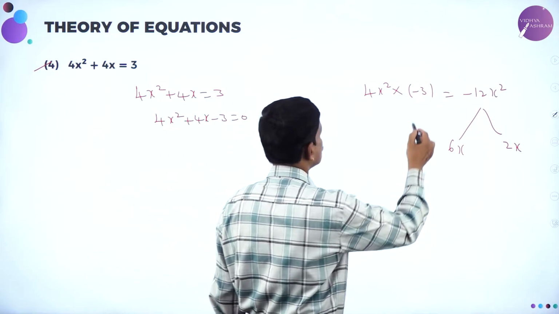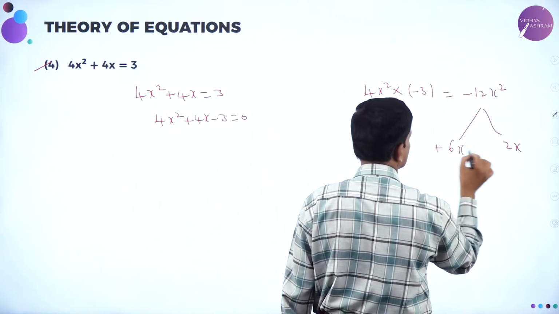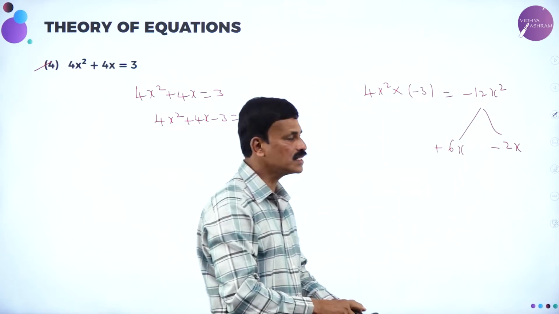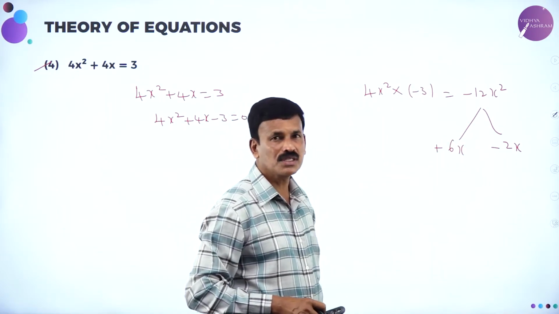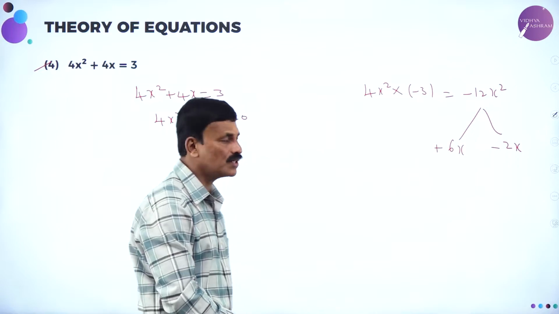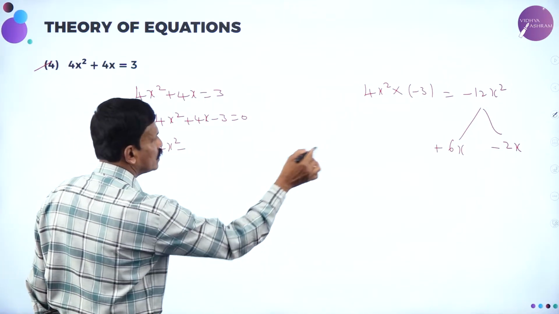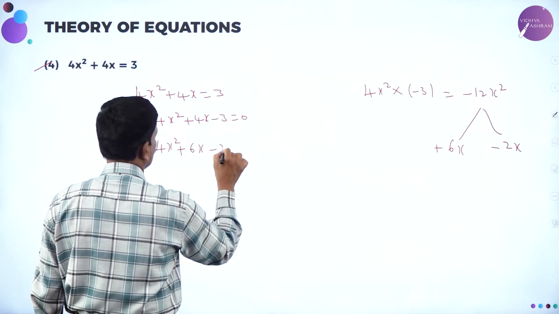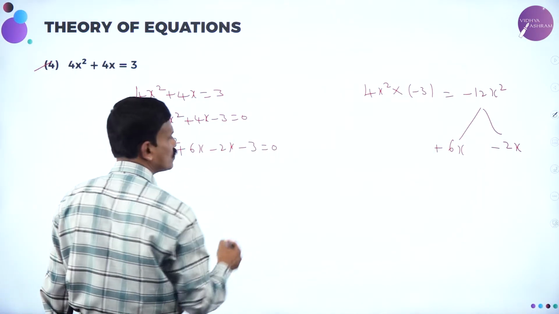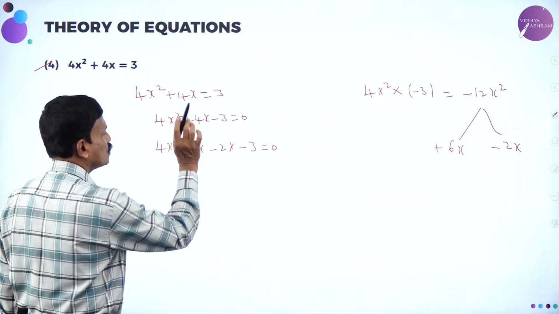Since this is negative, we take plus into minus, so plus 6x into minus 2x is minus 12x square. So this can be written as 4x square plus 6x minus 2x minus 3 is equal to 0. Here 6x minus 2x is 4x.